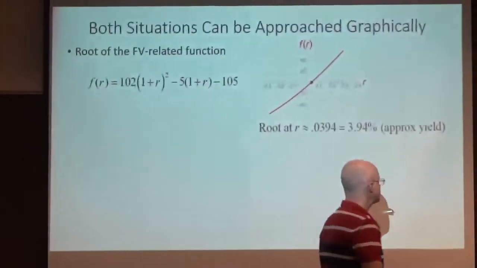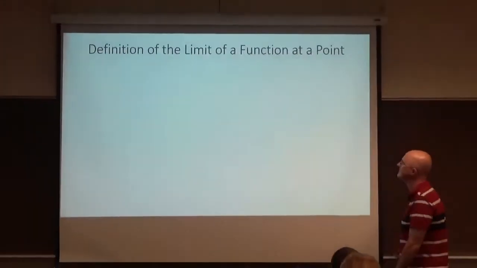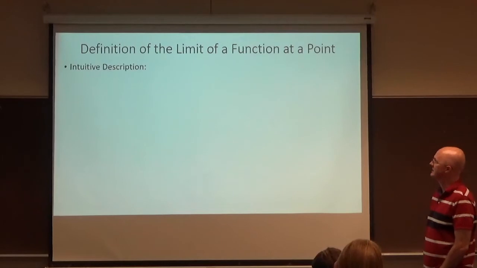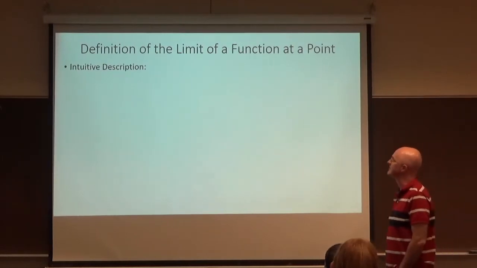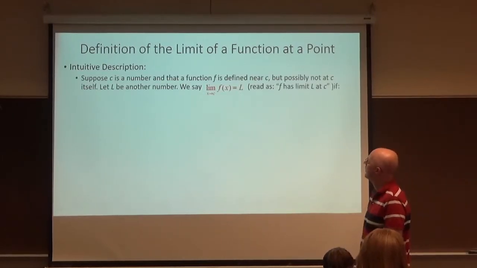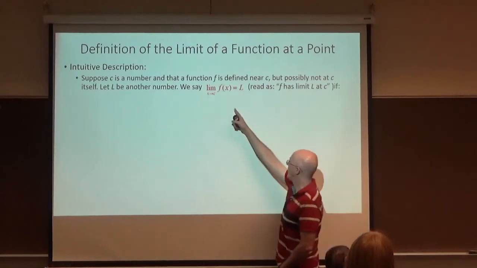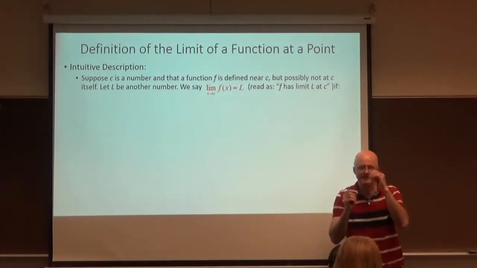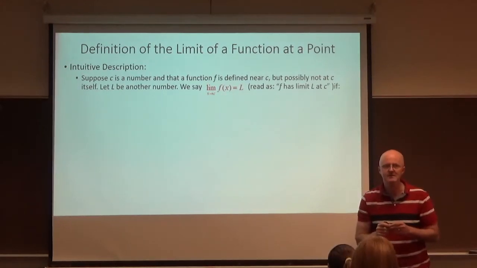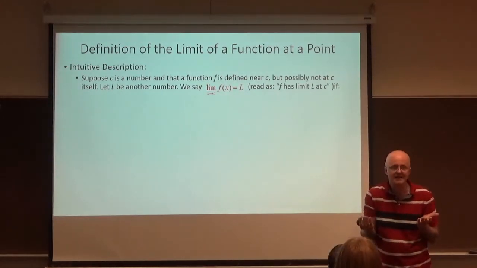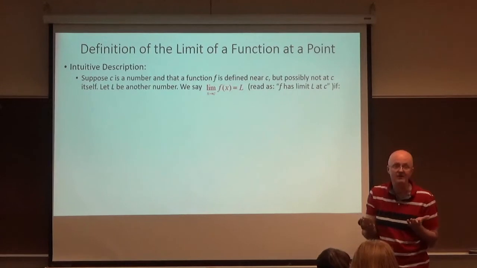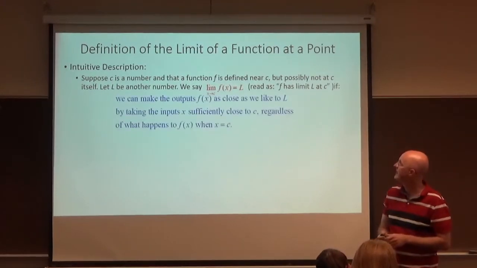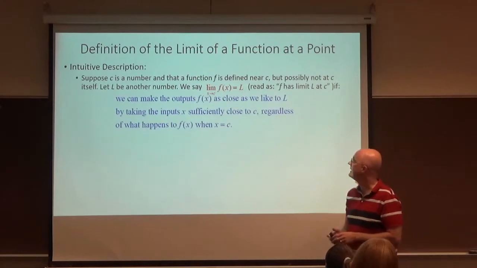All right, back to limits. Again, we started with this intuitive definition of a limit, intuitive description. What does it mean for this equality to be true? Intuitively, you'd like to make the outputs of the function as close as you like to the value of L by making the inputs close enough to C. Here was an intuitive description.